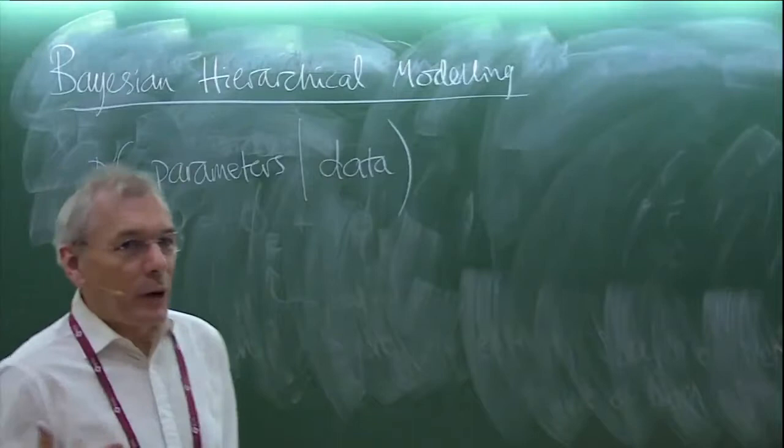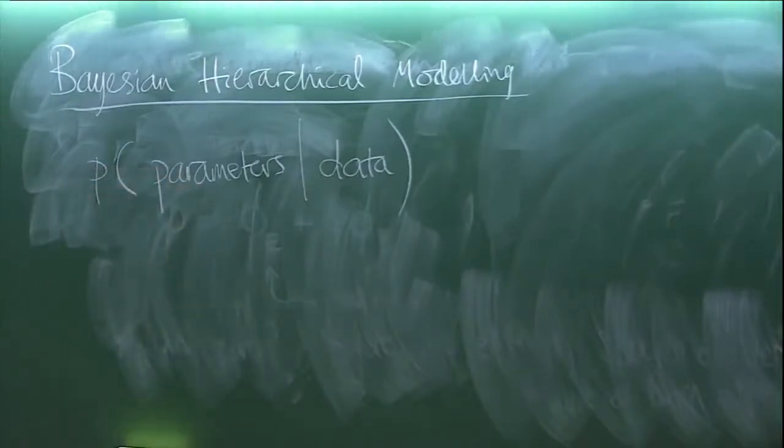But the data model has a lot of other uncertainties in it as well. If you think about looking at a shear map of the sky, I mentioned that the estimates of the shear on a galaxy by galaxy basis are very noisy. So what we actually measure is a very noisy estimate of the shear field. So there's another parameter or set of parameters in the problem, which is the true shear field, the true map.